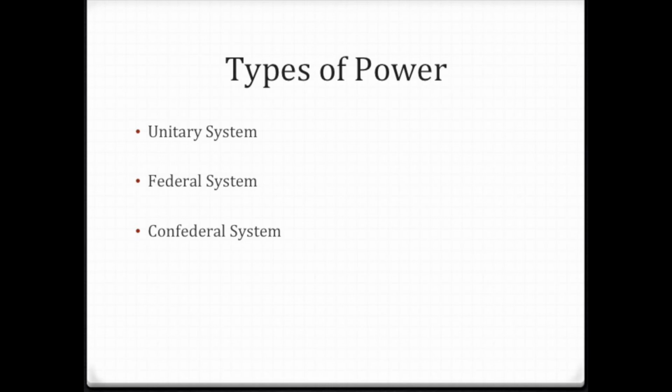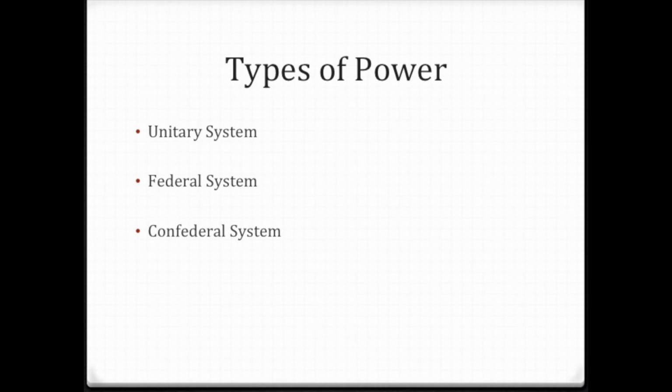So now the types of power that a government has is unitary, and that's pretty much when a central power has all, or the government has all the power, and they give the people nothing or very little. In a federal system, you have a central government that works hand in hand with a state government, but the central government is in charge.